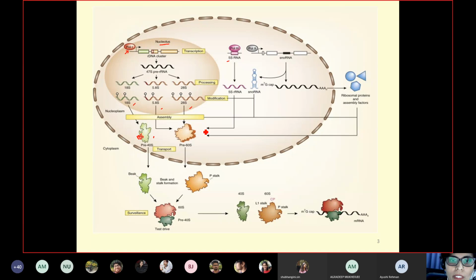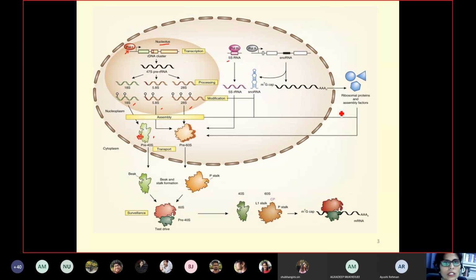Then they go out of the nucleus into the cytoplasm, where protein translation takes place. Here the polymerase 2 position is shown, where mRNA transcription is going on, and you have some small nuclear RNAs responsible for ribosomal protein formation and ribonucleoprotein complex formation.